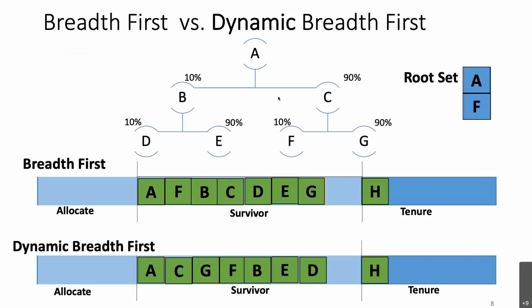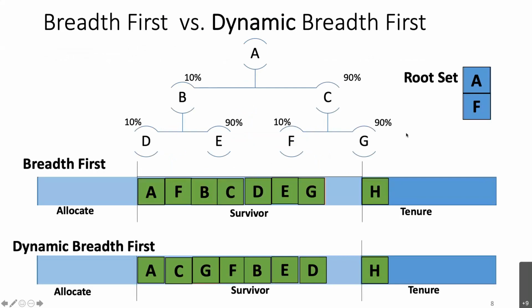Looking at this object graph, with root set A and F, I don't want to speak about every detail of how Scavenger would approach this object graph.